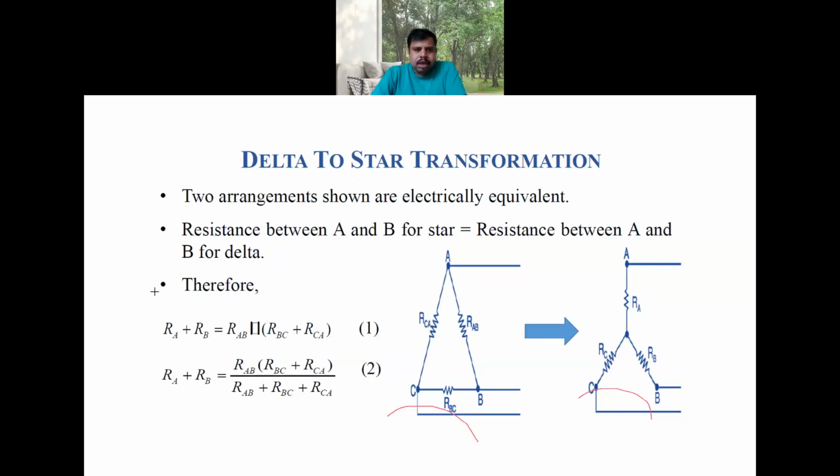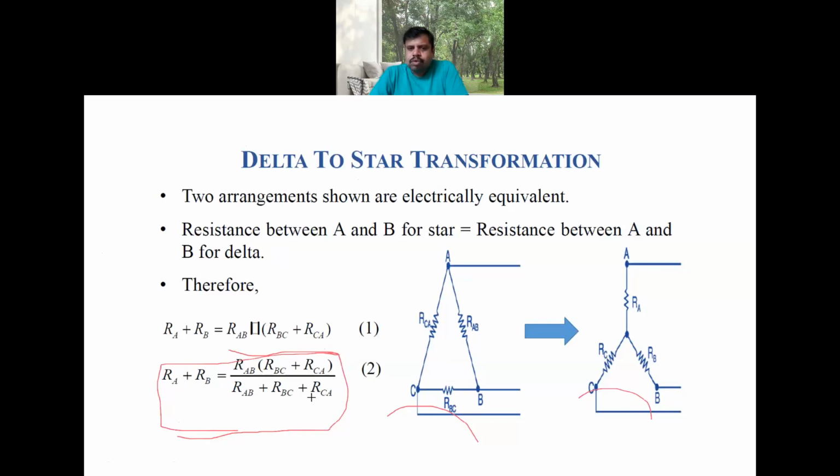And in the delta connection between A and B, the equivalent is RAB in parallel with the RBC and RCA combination. If we equate these two, we get equation 2: RA plus RB is equal to RAB into (RBC plus RCA) divided by (RAB plus RBC plus RCA).